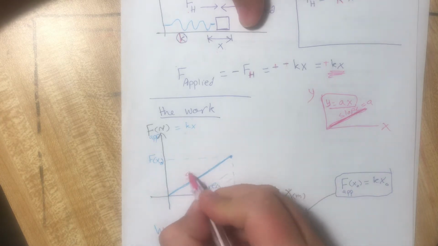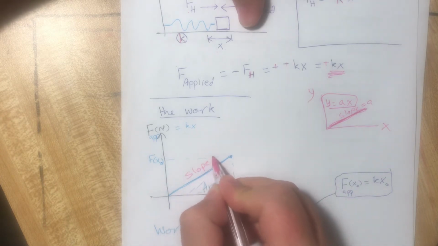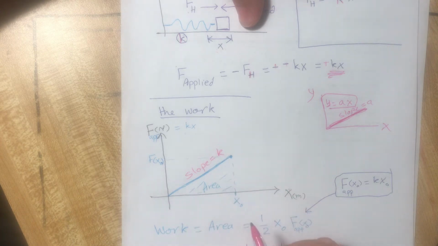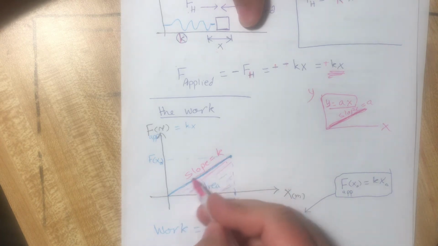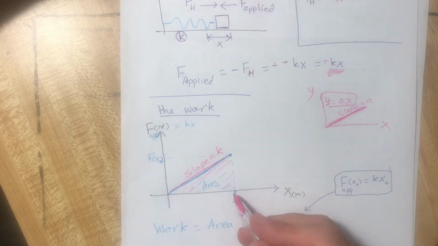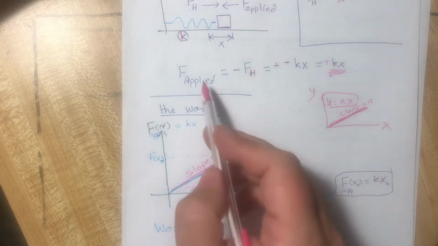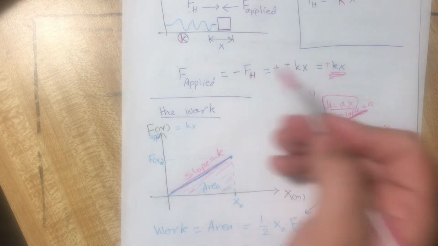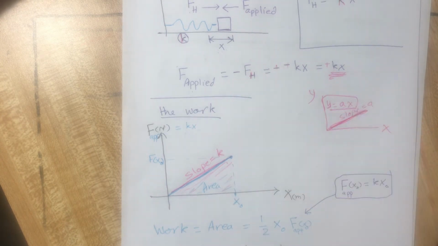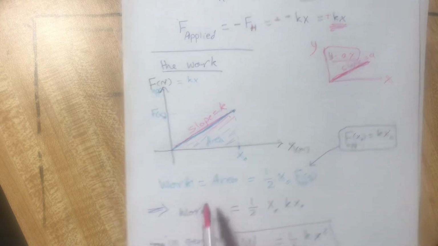So the slope in this case is equal to k, and the area, as we saw before, under this curve is equal to the work done by the applied force, which is equal to Hooke's force but in the opposite direction. Okay, so the work is equal to the area.